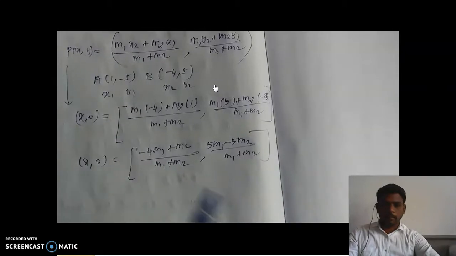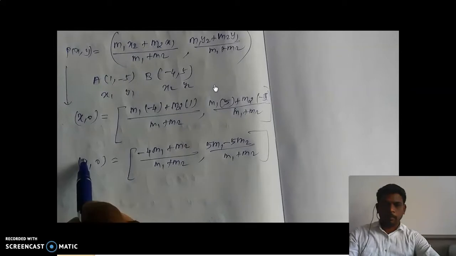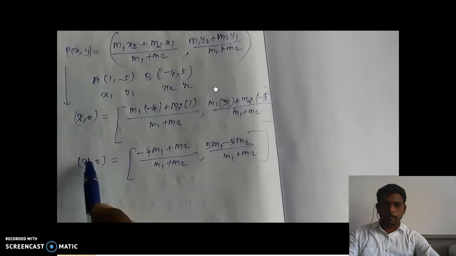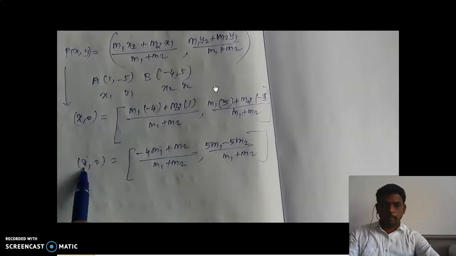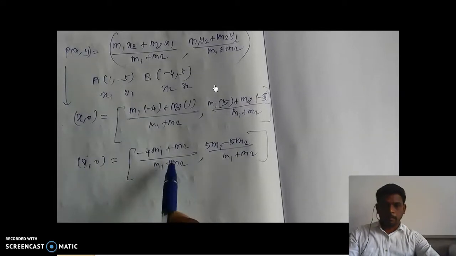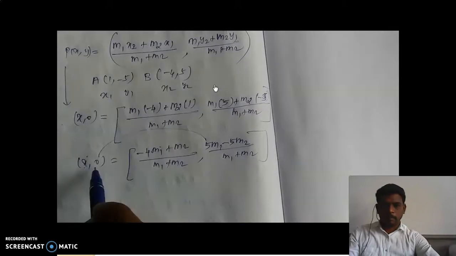So now the two coordinates are equal here. You can equate either the x value or the y value. Suppose we equate the x coordinate: x is also an unknown value and here also there are unknown values, so it is not possible to find out. So now I am going to equate the y coordinate, because we know this y coordinate is 0 here.